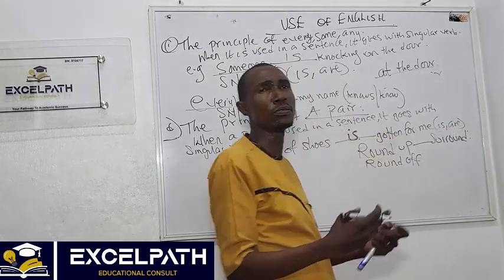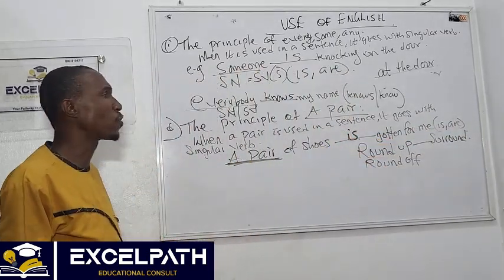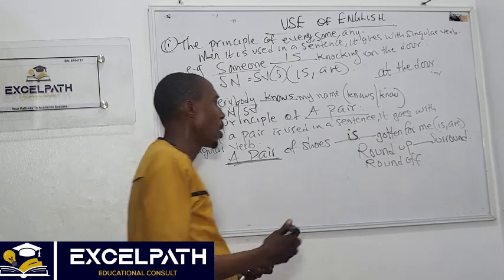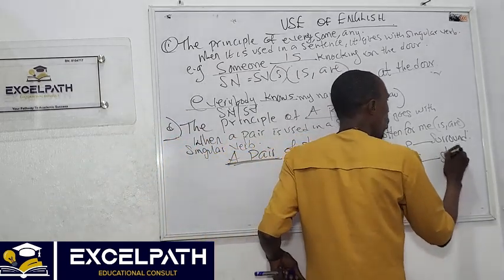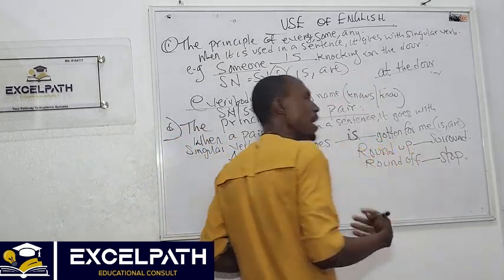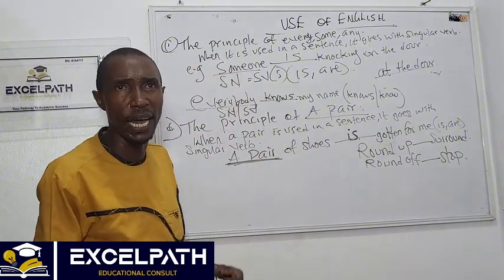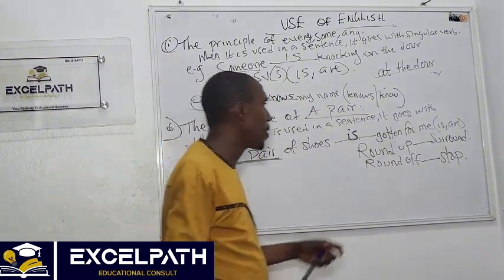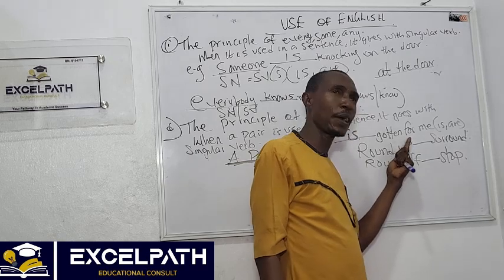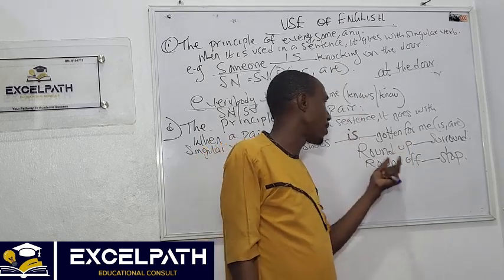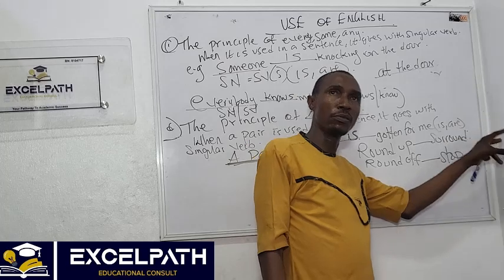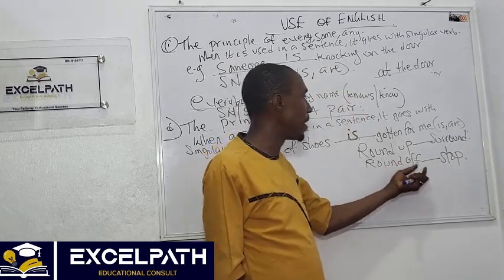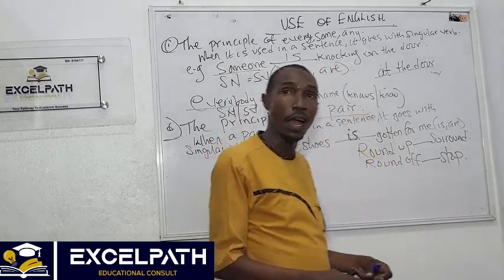You want to surround. Round up means to surround a particular place. But round off means to what? To stop or about to end a particular thing. So that is what we mean by what? Round up, round off. Round up means to surround, while round off means to what? To stop. Are you with me now?